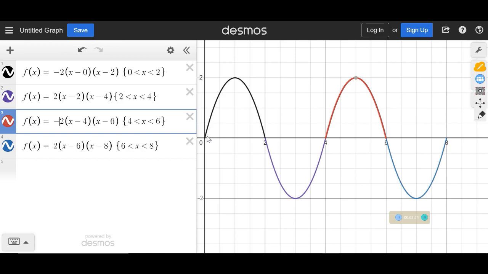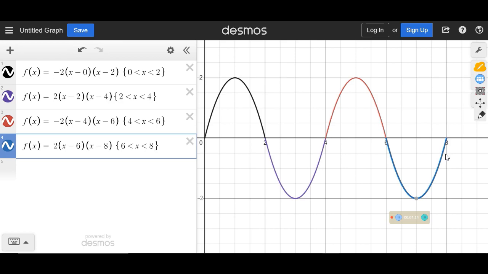So those would be what we're calling concave down. Okay, and then we can see that the purple one has a positive leading coefficient, and the blue one also has a positive leading coefficient. So those would be what we were calling happy faces before, right? But now we'll call those concave up.